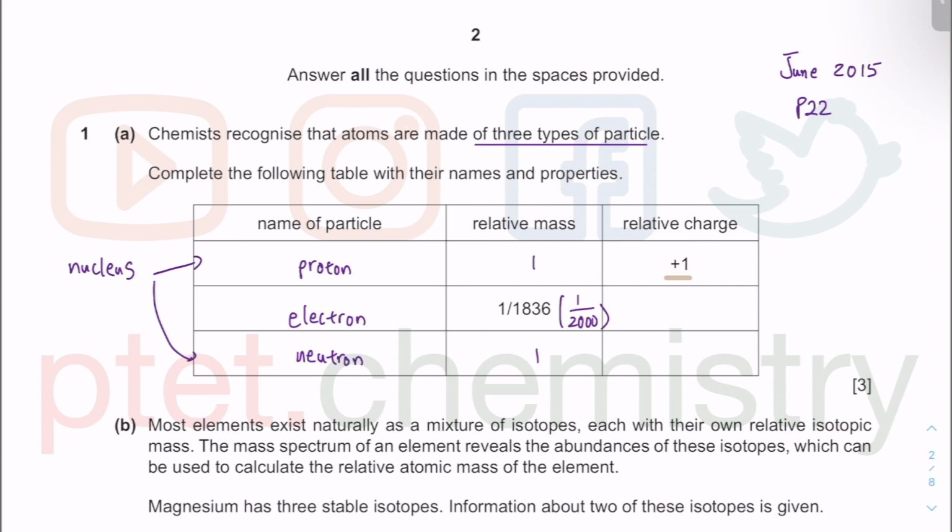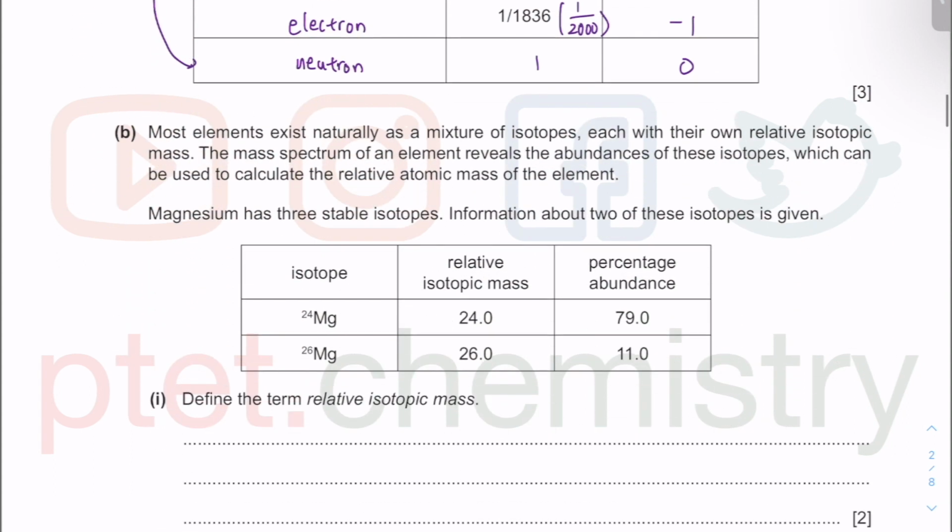The electrons are in the shell outside the nucleus. They are in the electron shells. Electron has a -1 relative charge, the opposite charge of protons, and the neutrons will be uncharged in the nucleus of an atom there. So just like that, you get the 3 marks for this question.